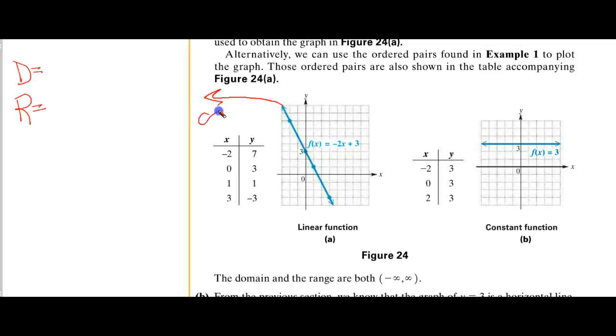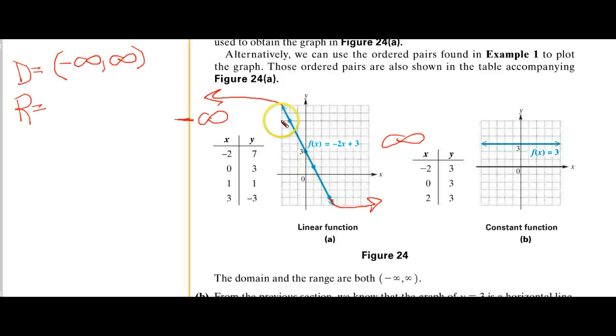And the answer is negative infinity. Now this eventually will go out this way too, slowly, but eventually. And what's way out here? Well, positive infinity. So for your domain, when we put in what is called interval notation, it goes from negative infinity, comma, to positive infinity. And for infinity, we always use a parenthesis.